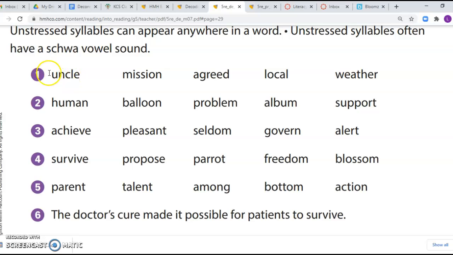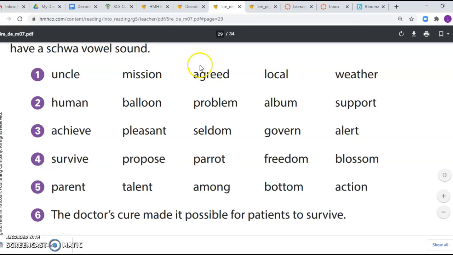Let's look at mission. Mission would have the second syllable to be unstressed because that's where I hear the schwa sound. Let's look at agreed. Agreed. Do you hear the schwa? That would be in the first syllable because that comes at the beginning of the word.